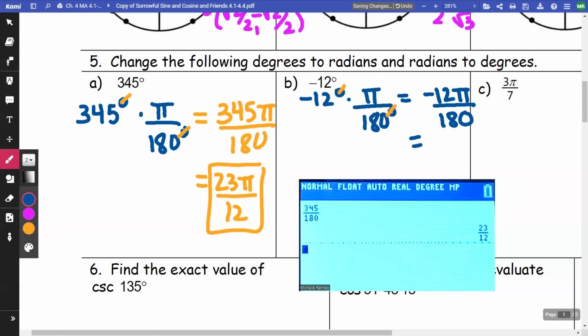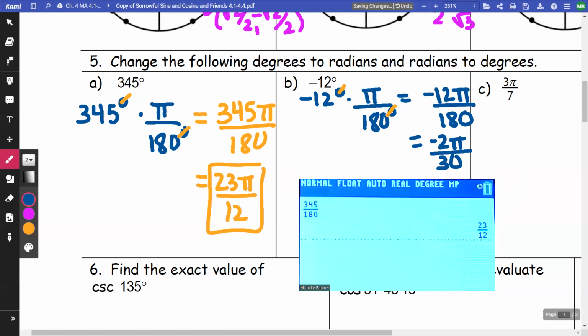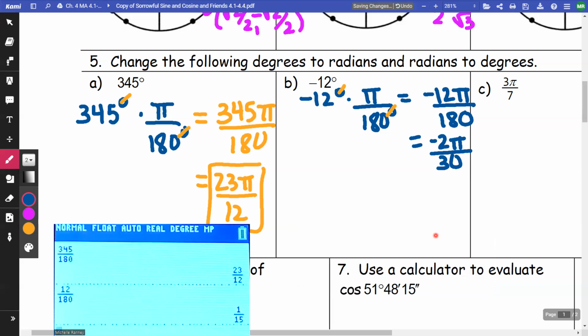I can take 6 into both of those, which would be -2 pi over 30, which is going to be pi over 15. Again, we could put in 12 over 180, which is going to be a negative pi over 15. So this is going to be a negative pi over 15.